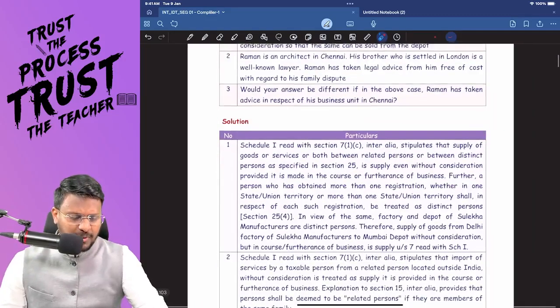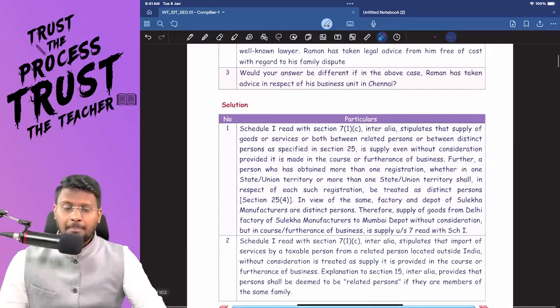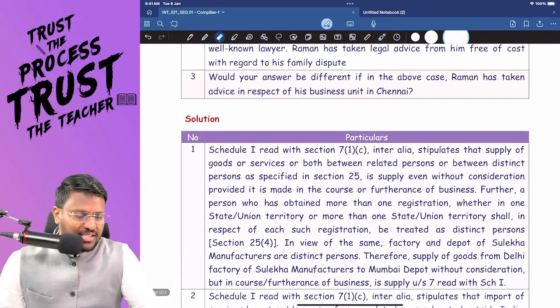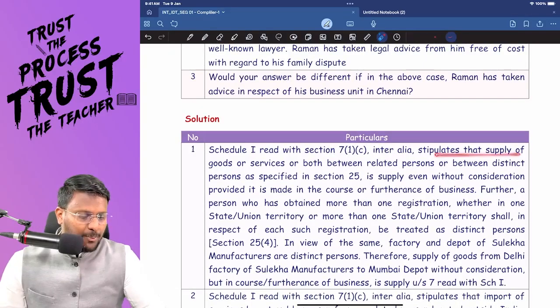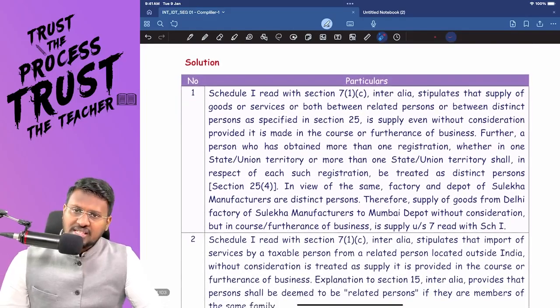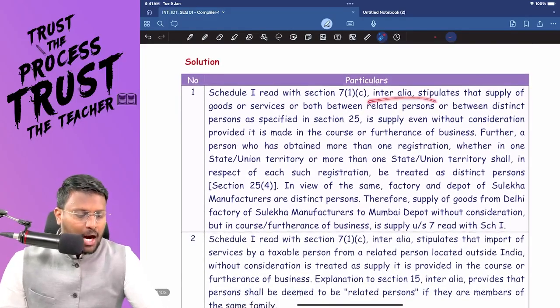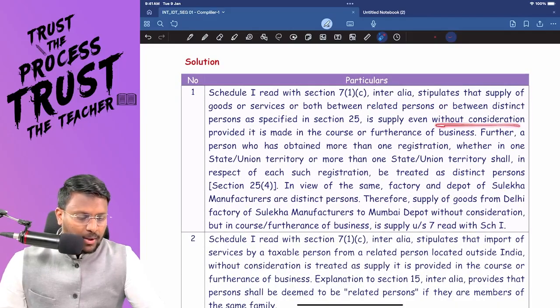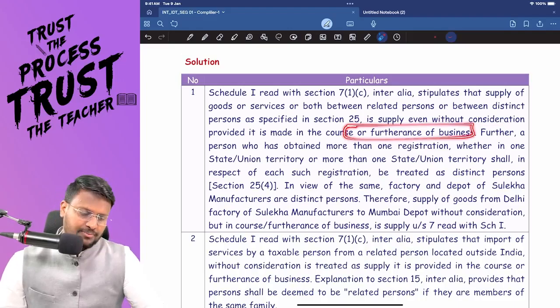Yes, sir. Not as per Section 7 subsection 1 alone, but as per Schedule 1 read with Section 7 subsection 1 clause C. Schedule 1 inter alia stipulates that supply of goods or services or both between related persons or between distinct persons as specified in Section 25 is supply even without consideration, provided it is made in the course or furtherance of business.